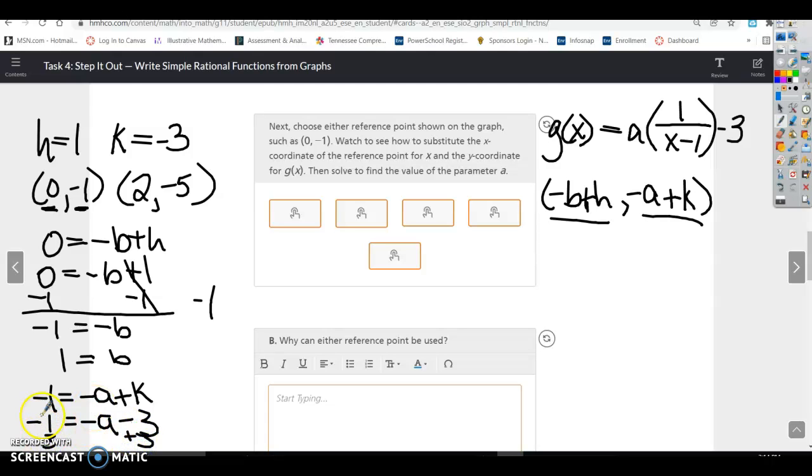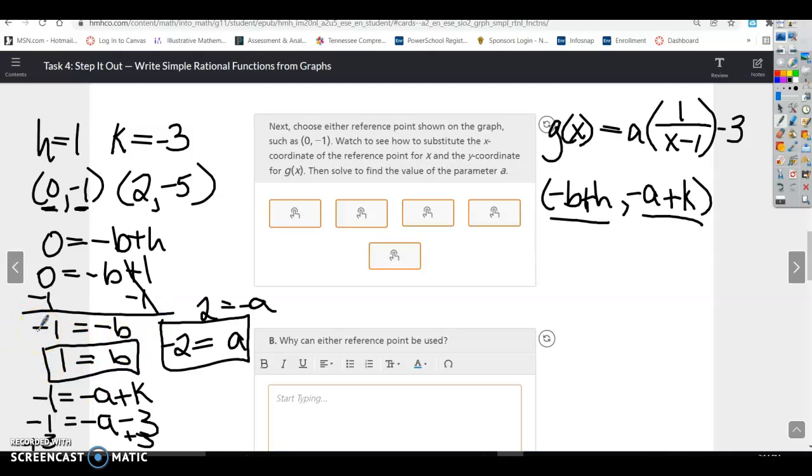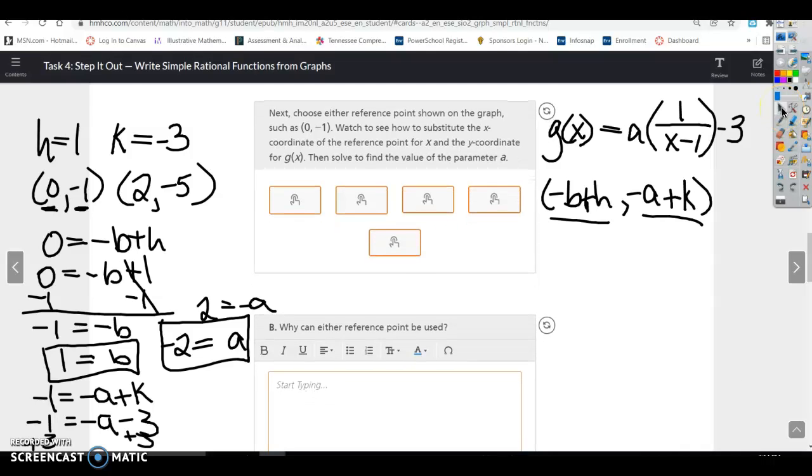Let's add 3 to both sides. -1 plus 3 is 2, so 2 equals -a. So a equals -2. We found a and we found b. Even though we don't need b for this one, we know what it is. So now we can replace a with -2. If you want to click on these, they're kind of hard to read, but it shows how to get a is -2 here.